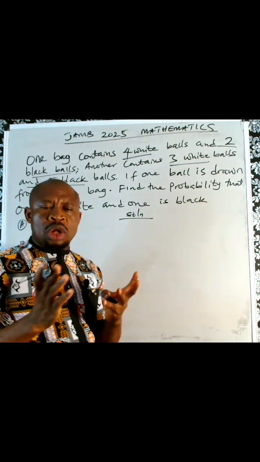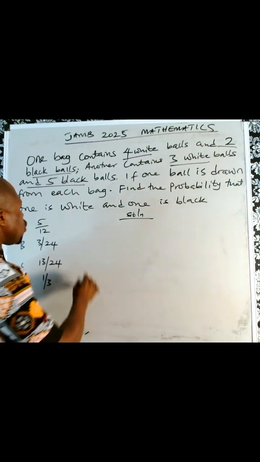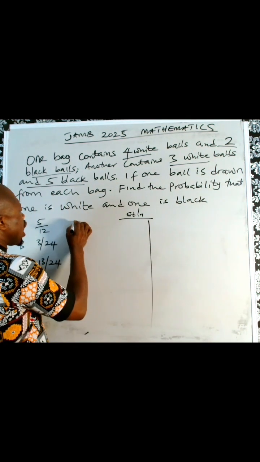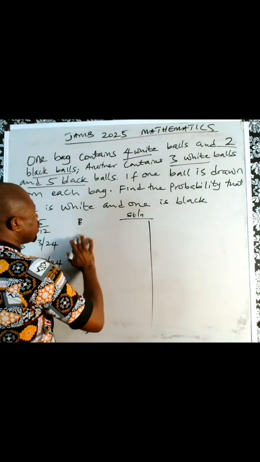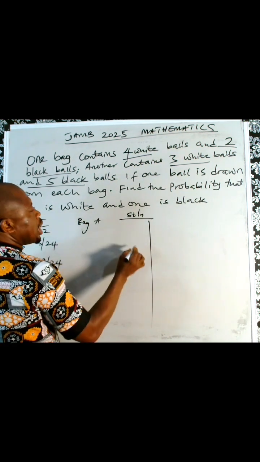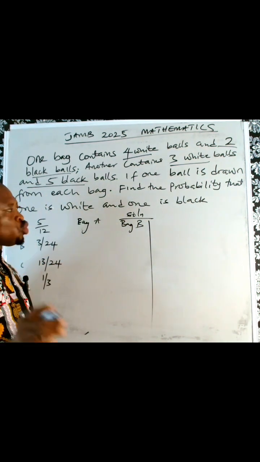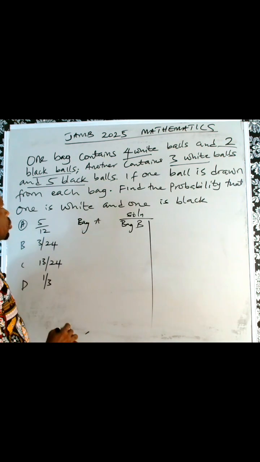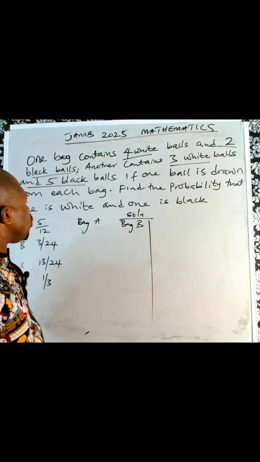Now, if you want to solve this problem, of course, there are 2 bags here. Let's divide this into 2. This is bag A, and then we'll have bag B. Bag A contains 4 whites and 2 black.